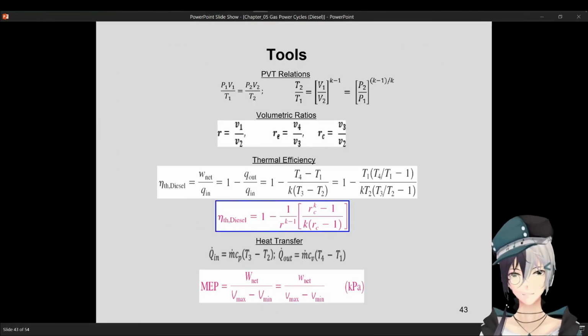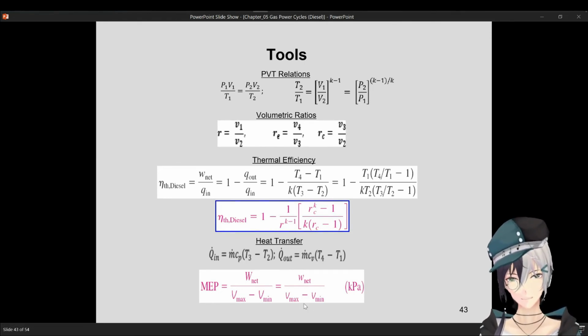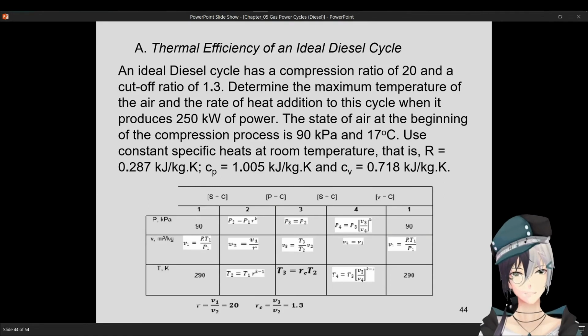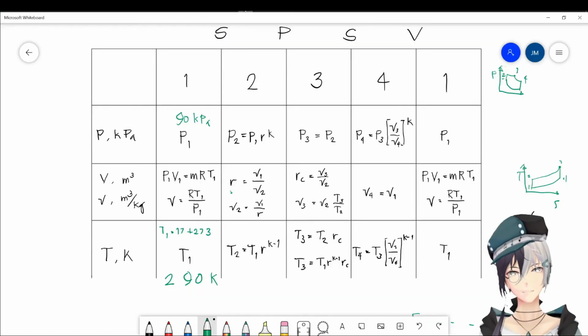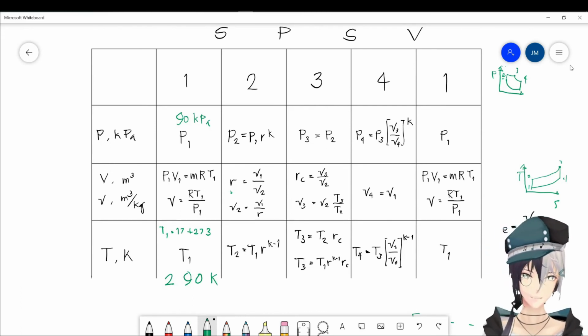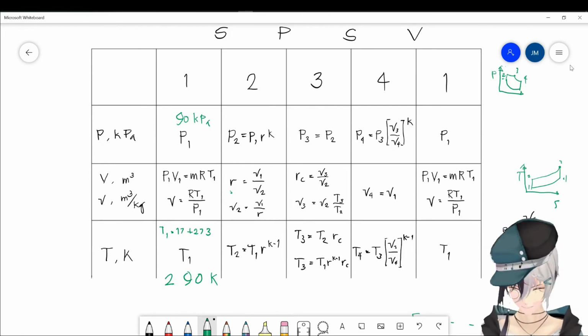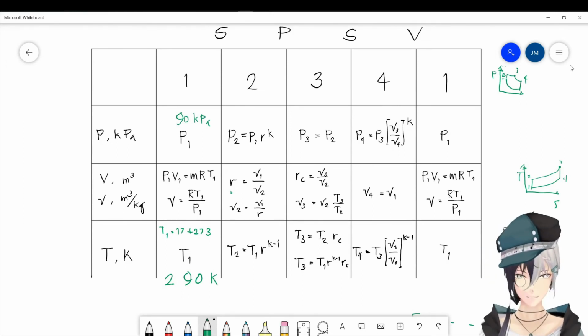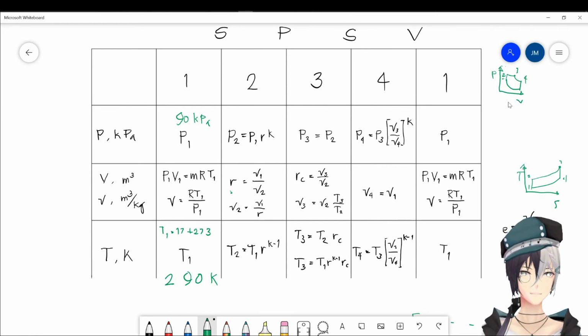Okay, so mean effective pressure. So where will you get the mean effective pressure? Over here. Work net over volume displacement. So volume displacement is simply from the PV diagram. So if this is volume, so take note. Okay, so this is volume.